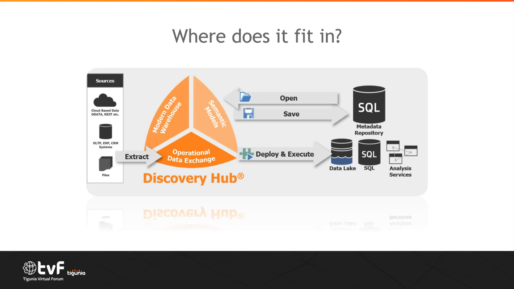We pull in the data from our source, whether that's a cloud source, a traditional database system of some sort, or flat files, whether those are CSVs or Excel files, right? And we pull it into our staging database, the ODX. And from there, that's that extract step. We're then going to transform and load this data into our data warehouse and into our semantic model, right?